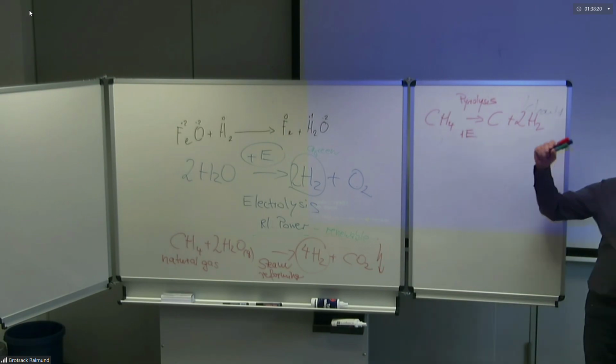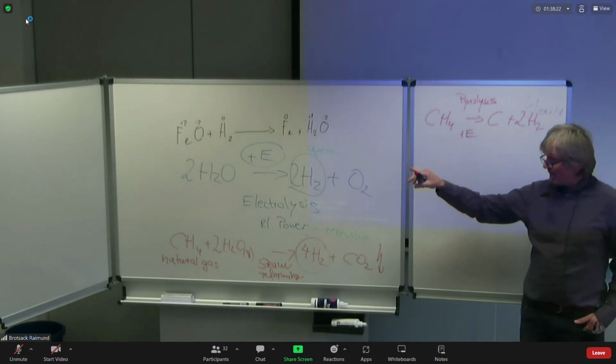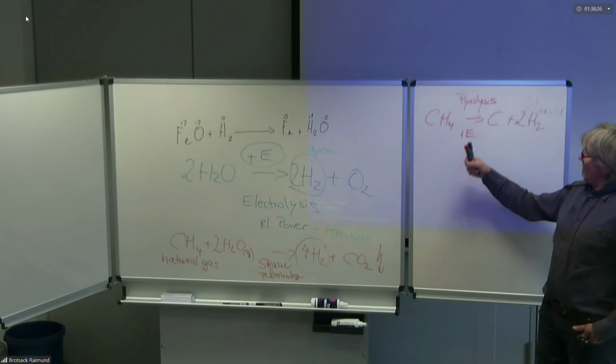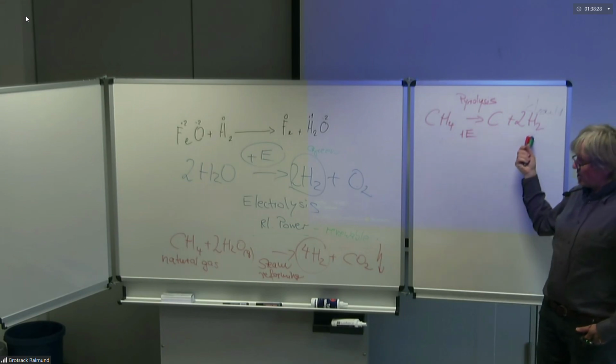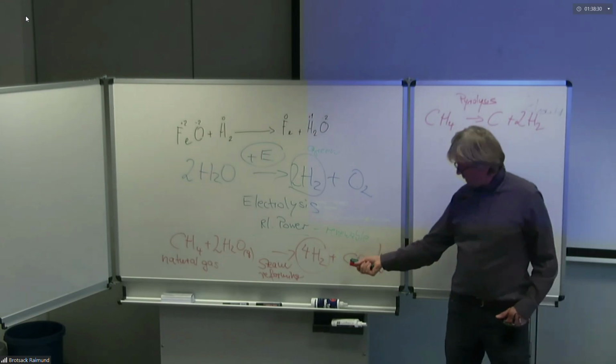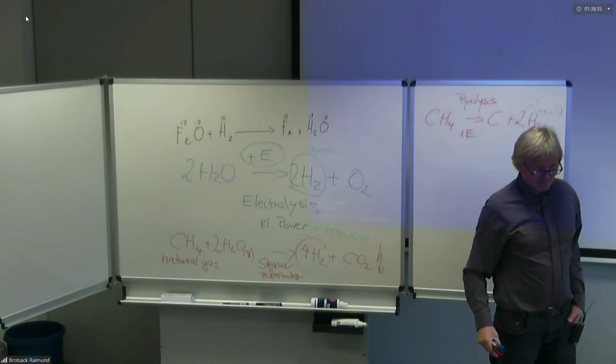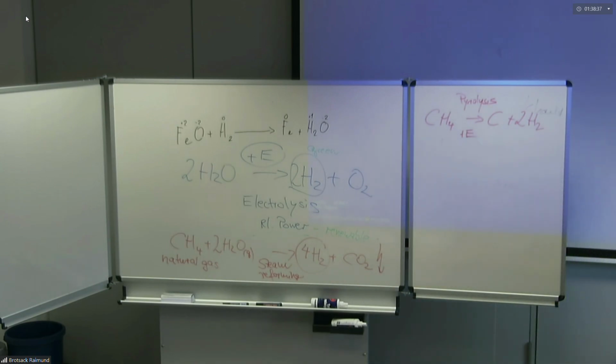Of course, it's not 100% green, but it is better to use methane this way to produce hydrogen instead of that way where we have CO2. The CO2 is emitted to the atmosphere again, and it's much more complicated to store it compared to pure carbon.